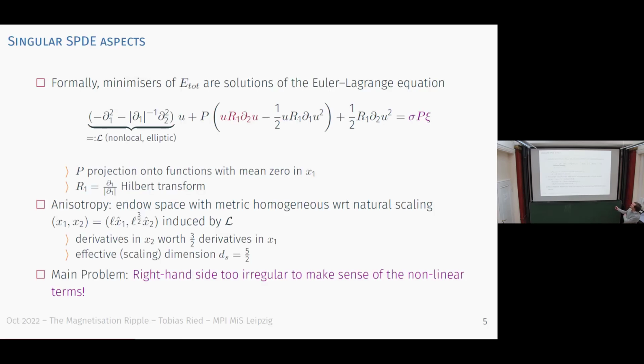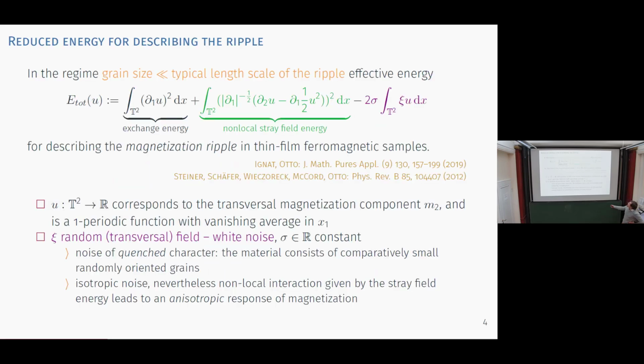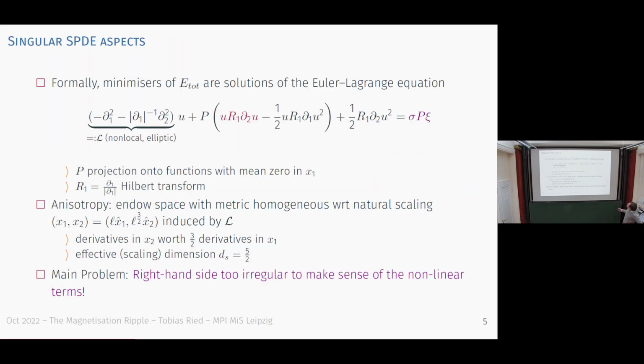So formally, the ripple is described by minimizers of this energy functional, which, let me go back to the energy, has a harmonic part, which leads to an elliptic operator that is non-local because of this negative half derivative. There will be some nonlinear terms, and there will be a linear term coming from the white noise.